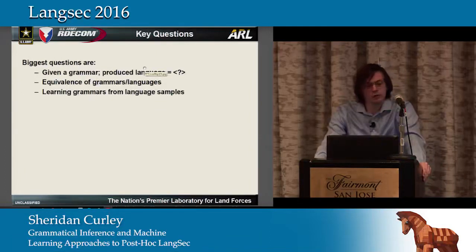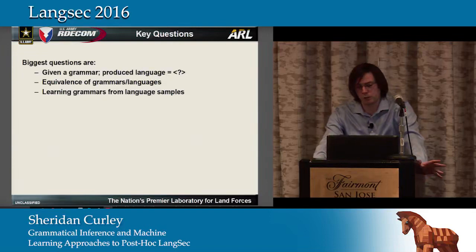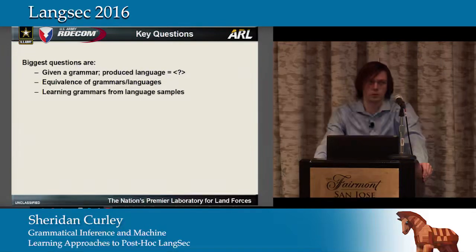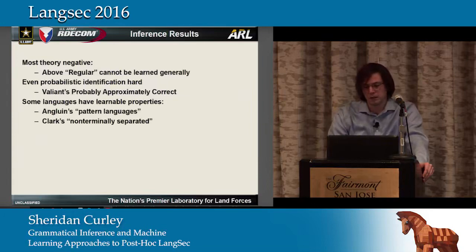The key questions that we're going to take away from the grammatical inference side is, given a particular grammar, can we determine what its produced language is in its entirety? If we have 2 grammars or 2 languages, can we determine if they're equivalent in some way? And if we're given samples of a language, so positive string examples, can we learn a grammar from that?